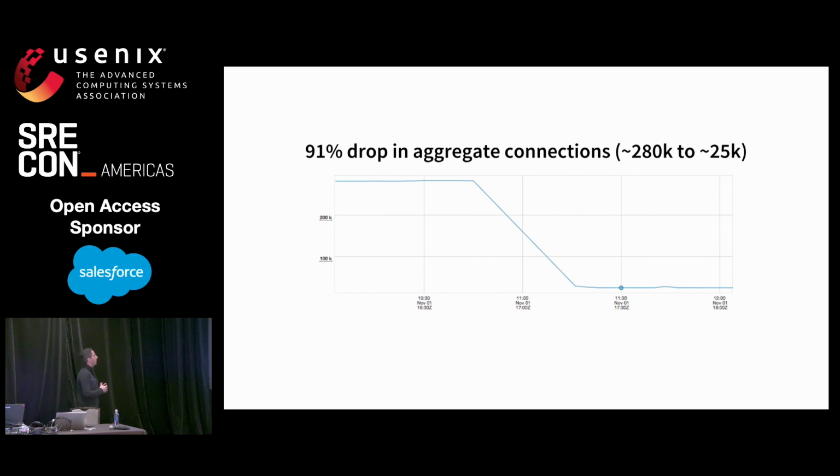And here's that same service. Now we're measuring how many connections it has. We have a 91% drop in aggregate connections across that link. We go from 280K to 25K.